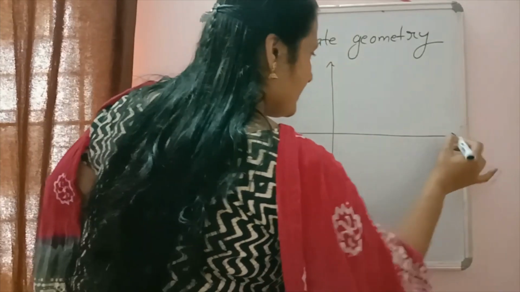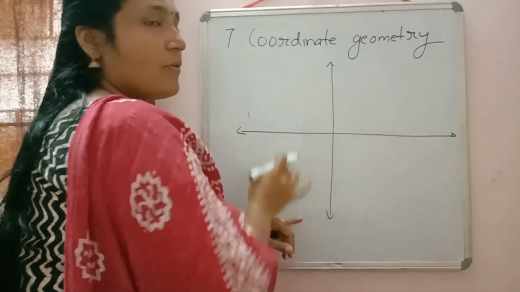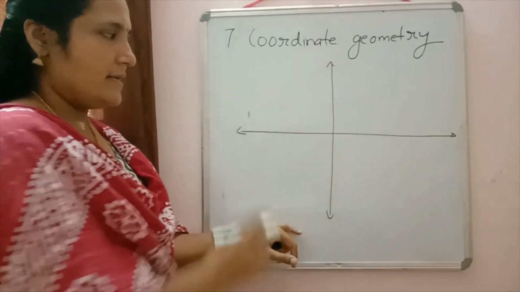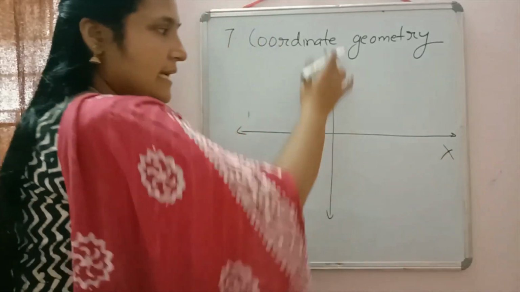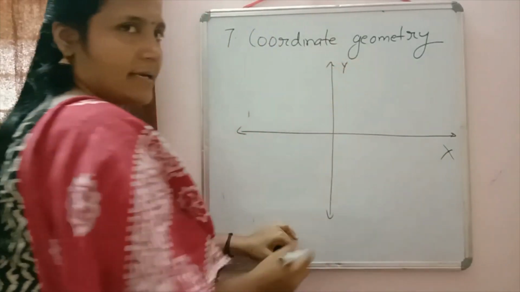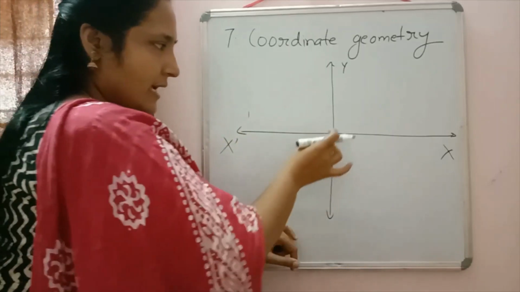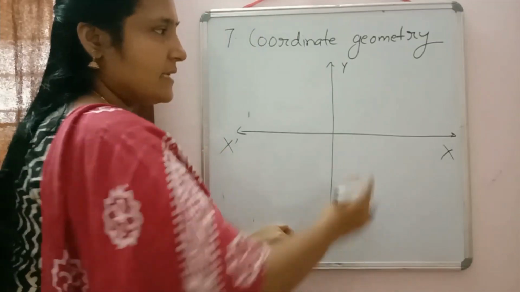In coordinate geometry, as we know, the plane is divided into 4 quadrants by means of horizontal and vertical lines. Horizontal line is called x-axis and vertical line is called y-axis. Negative side of x-axis is denoted by x dash and negative side of y-axis is denoted by y dash.